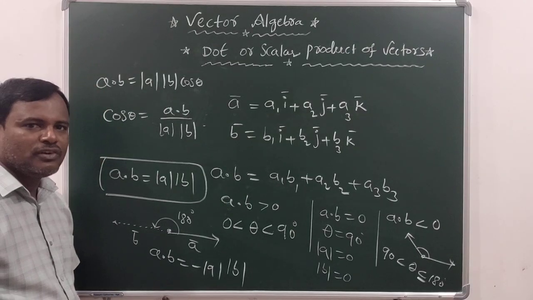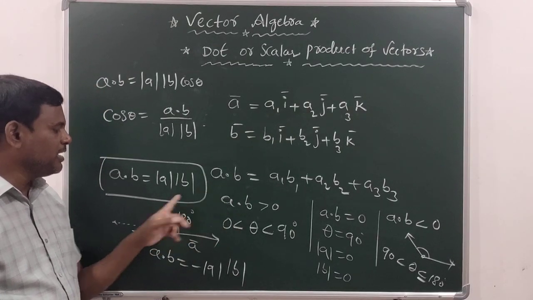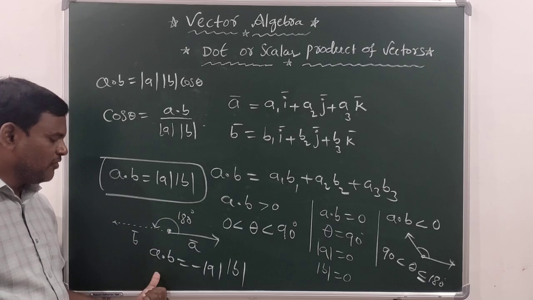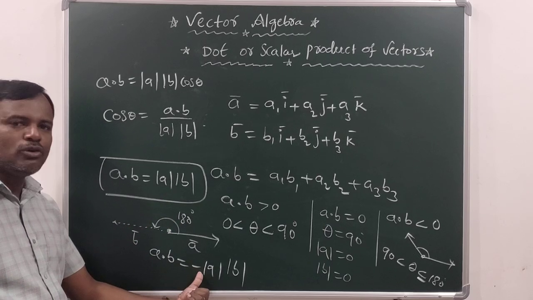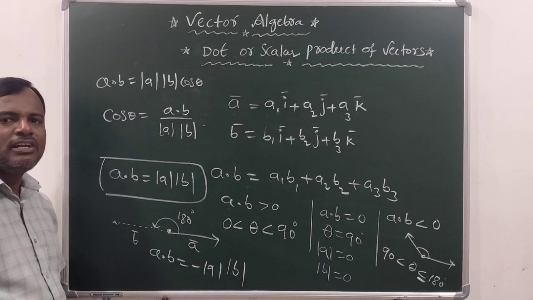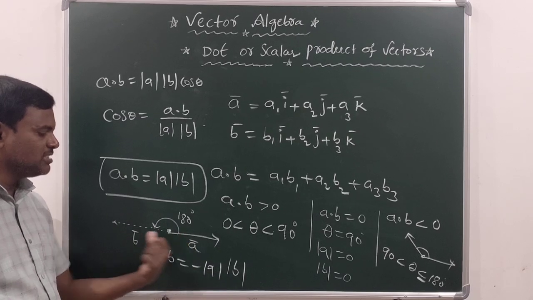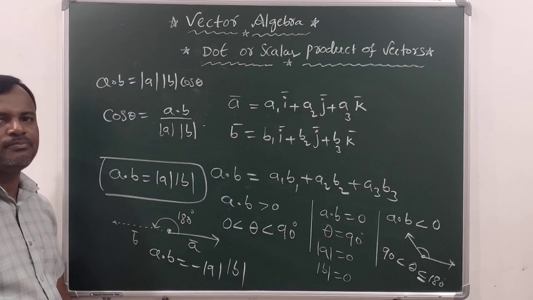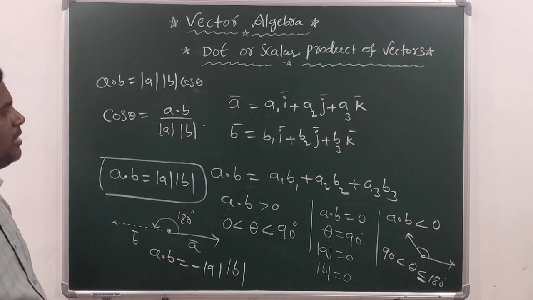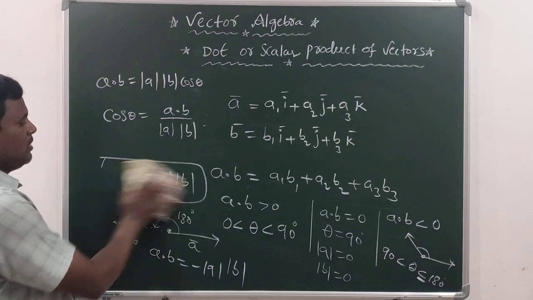So suppose if theta is 0, then A dot B can be written as magnitude of A, magnitude of B. If A dot B is equal to minus mod A, mod B, whenever theta is 180 degrees, straight angle between A and B. A is moving this side, B is moving this side. Remember these points.